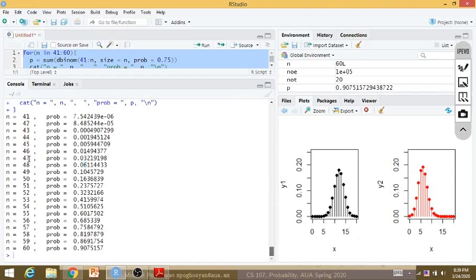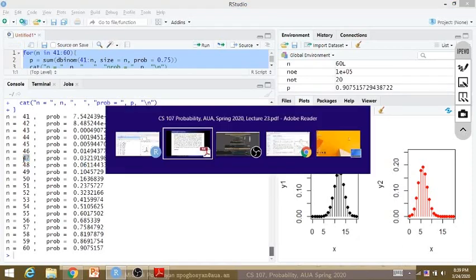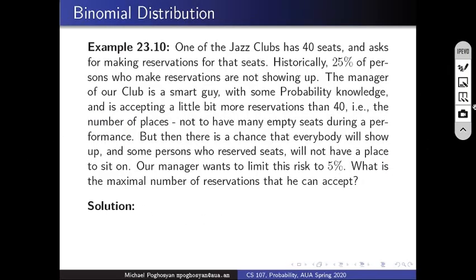So the maximum number is 47. He can accept 47 reservations, and the risk will be less than 5% that more than 40 persons will show up. Okay.